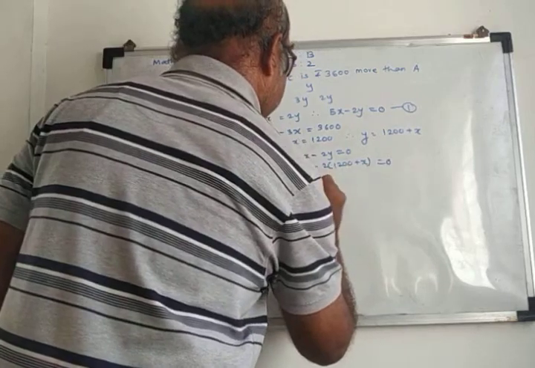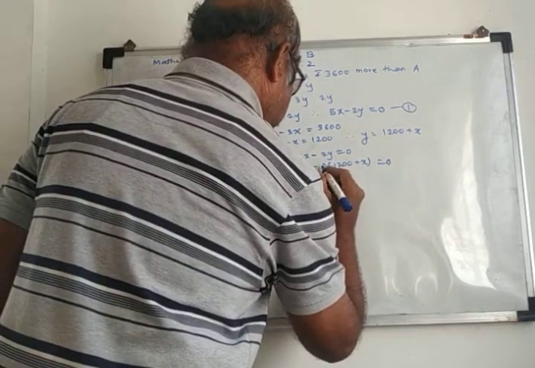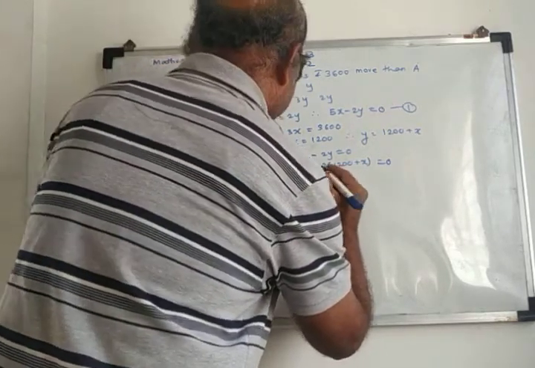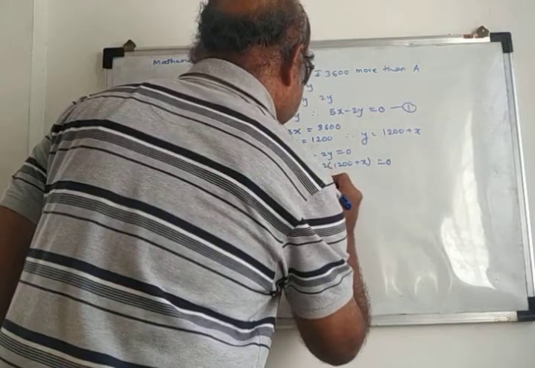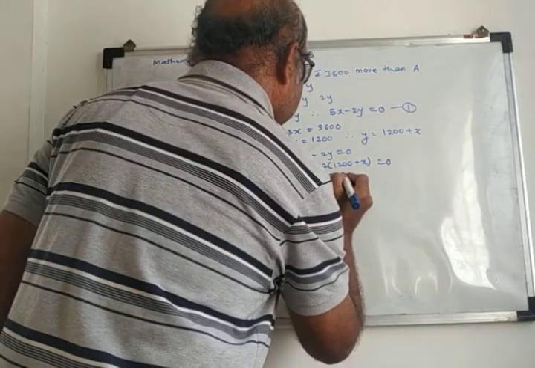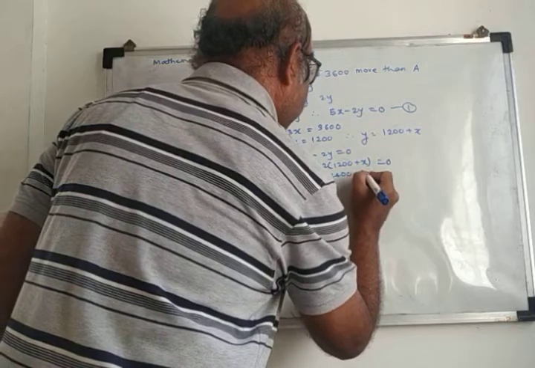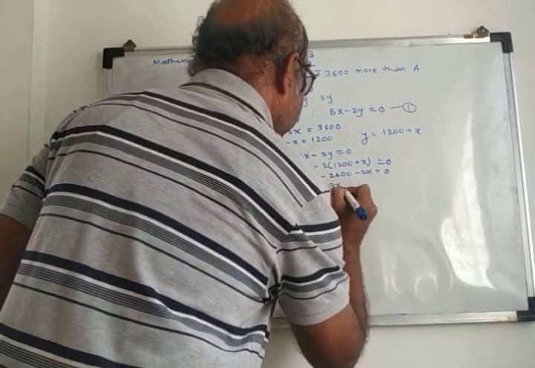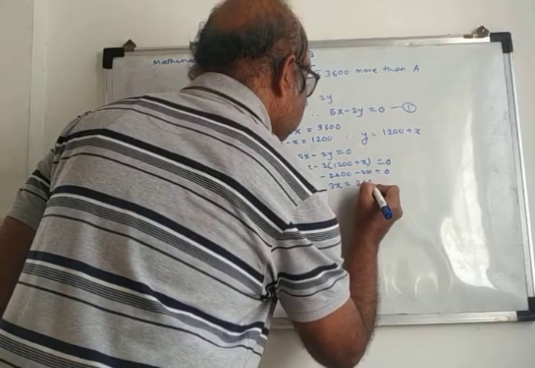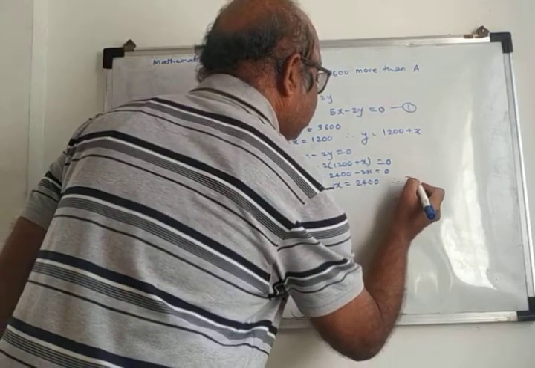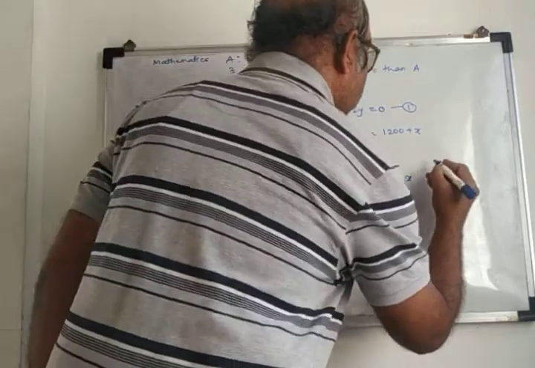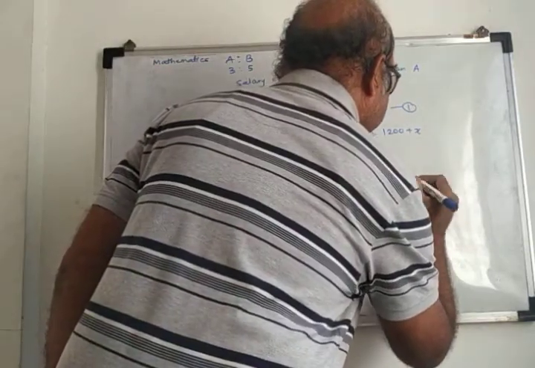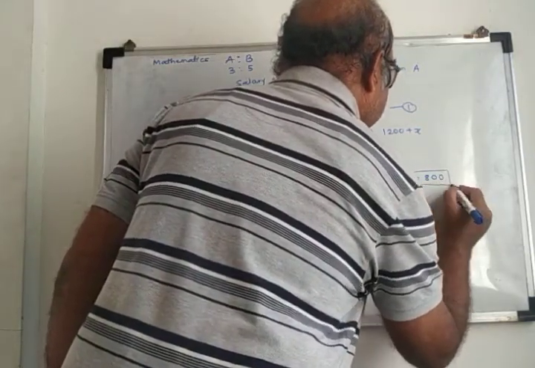Multiply, and we get 5x minus 2,400 minus 2x equal to 0. Here 5x minus 2x becomes 3x equal to 2,400, and therefore x is equal to, if you divide 2,400 by 3, 800. So, boys, x is equal to 800.